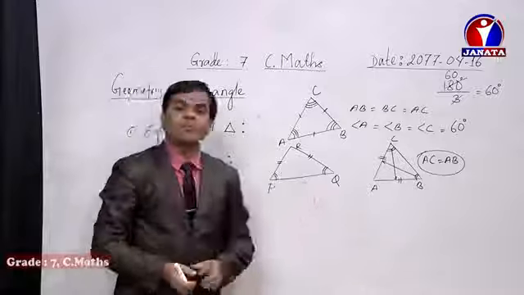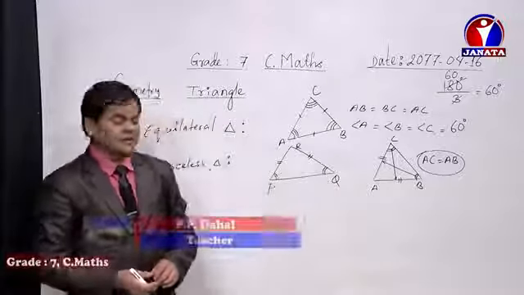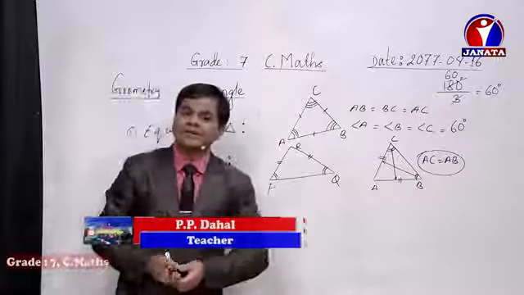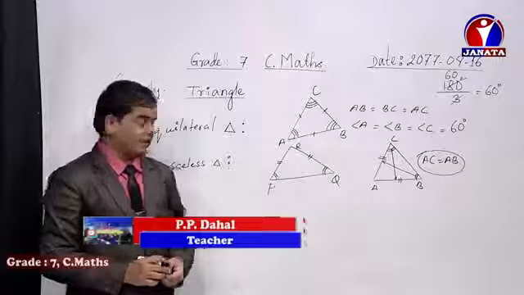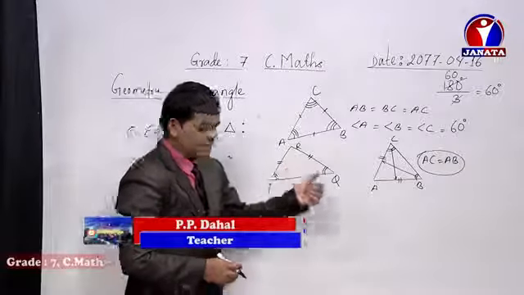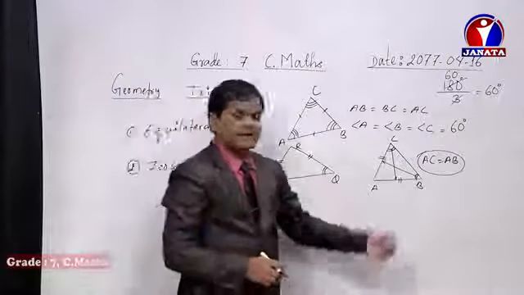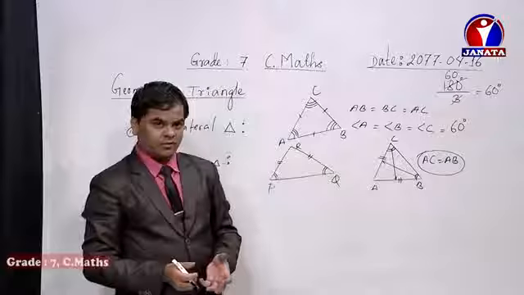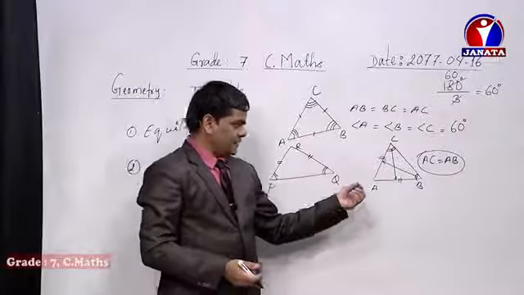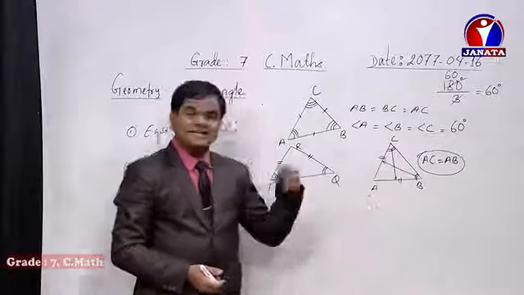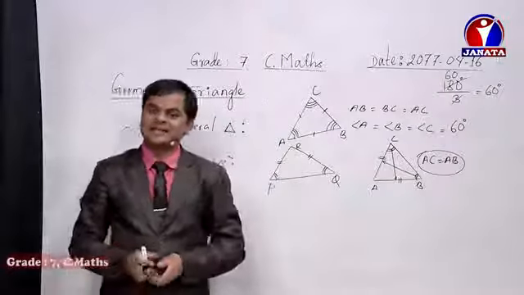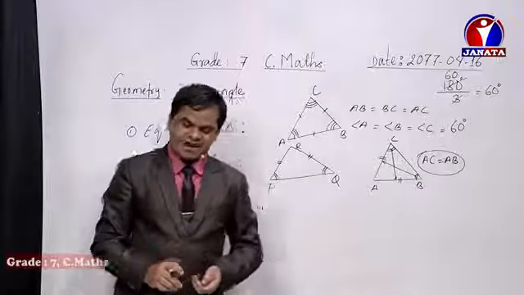Those properties, characteristics, or features can be found in the case of an isosceles triangle. And if you see such properties in any figure in your book or anywhere, you can identify that type of triangle as an isosceles triangle.